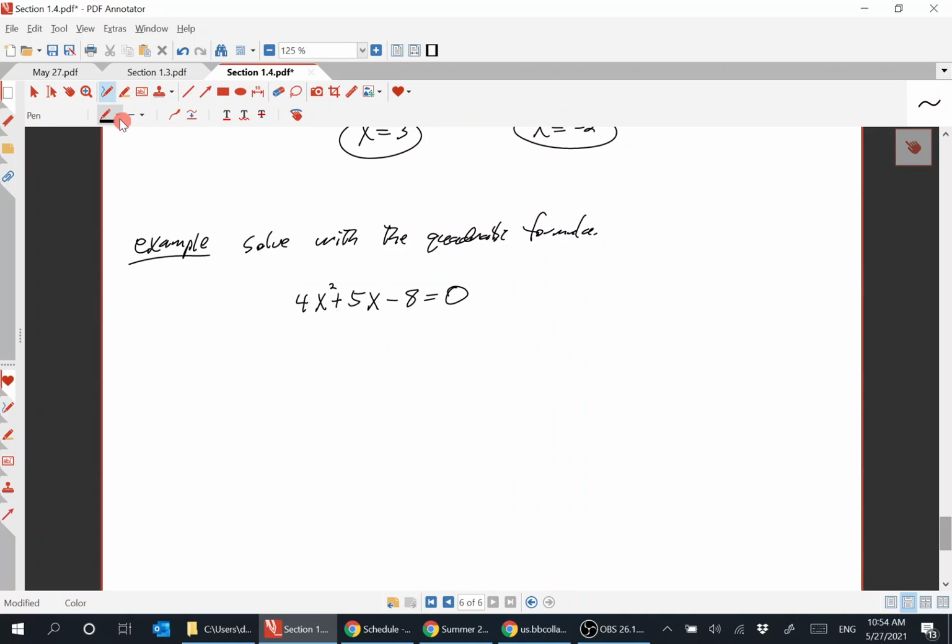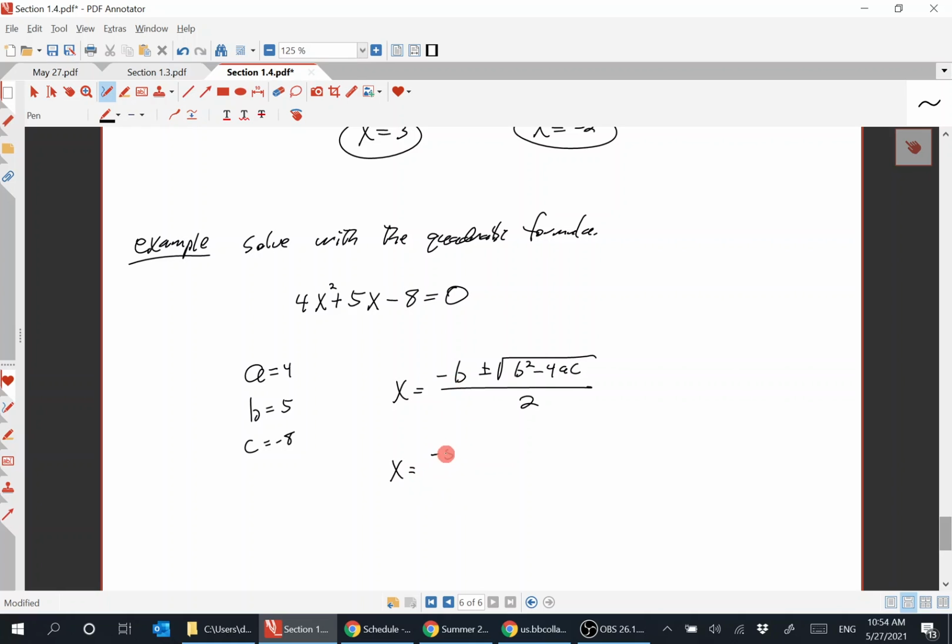In this one, A is equal to 4, B is equal to 5, C is equal to minus 8. So x is equal to minus b plus or minus the square root of b squared minus 4ac, over 2a.